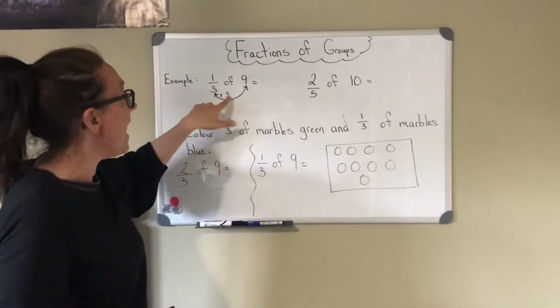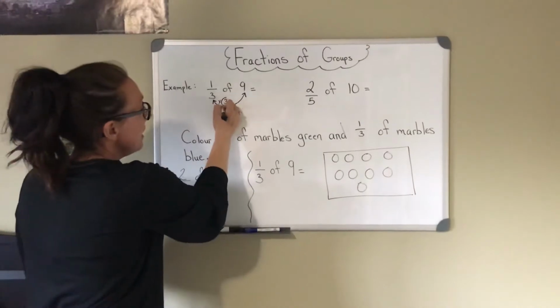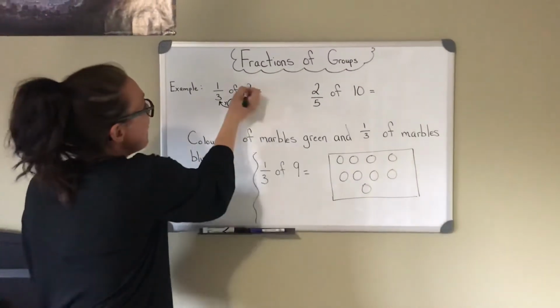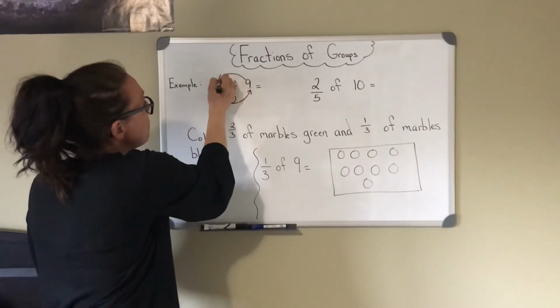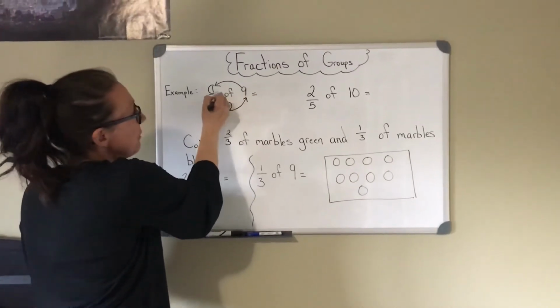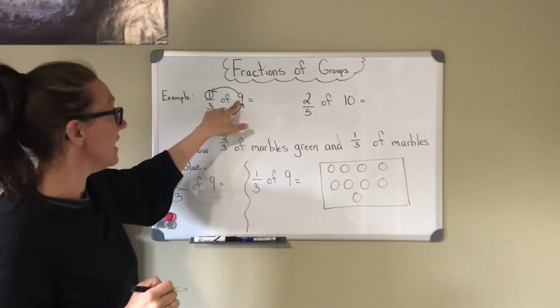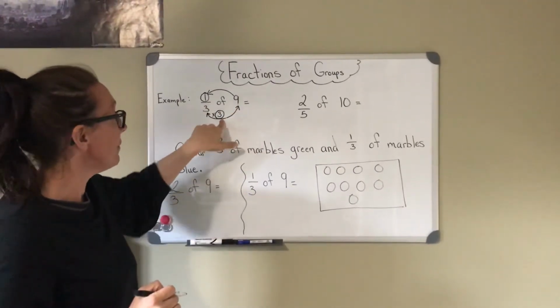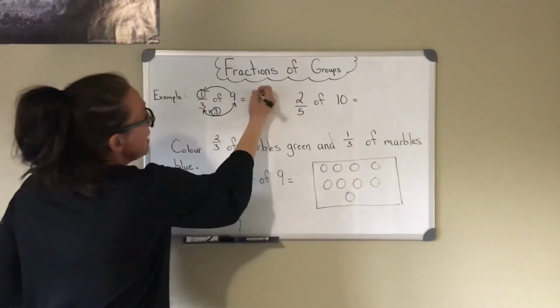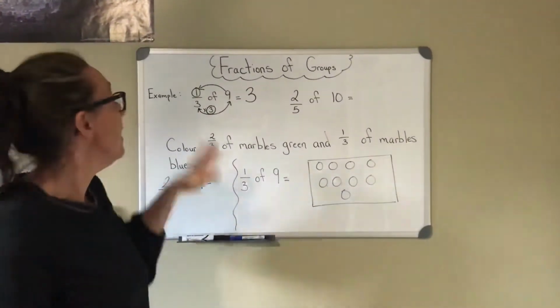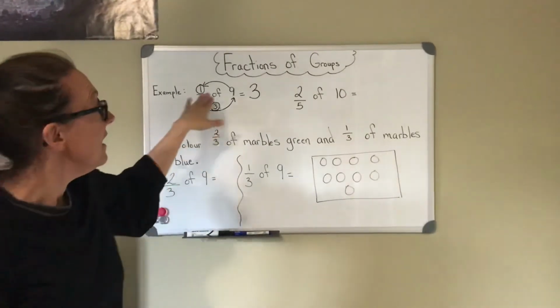And then I have to take my 3 that I've multiplied in order to get to 9, and I then have to multiply that by the numerator, which is 1. So 3 times 3 is 9, and then this 3 multiplied by 1 equals 3. So that's how you figure out a fraction of a set.